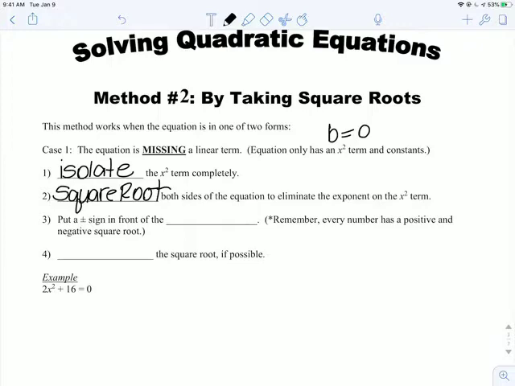Always make sure that you put a plus or minus in front of the square root. Remember, every number has a positive and a negative square root. And then finally, from there, solve the square root if possible, or simplify it.